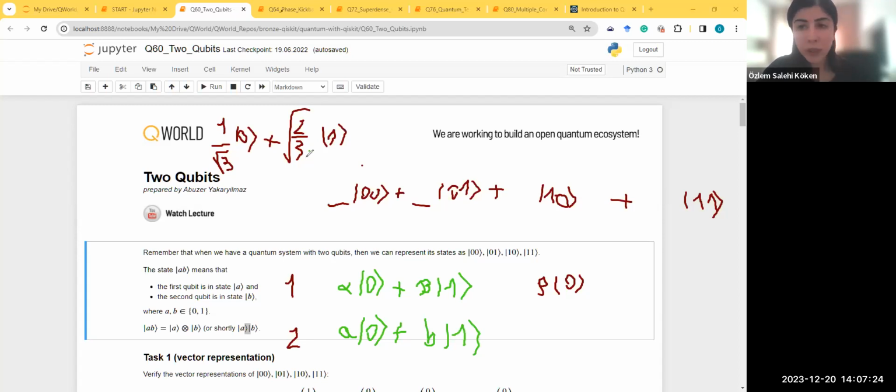By the way, there are some correct answers, but I want more people to understand what's going on. So imagine that this is my qubit state: 1 over square root 3, 0 plus square root 2 over 3, 1. What is the probability of observing 0 in this particular example here? What is the probability to get a 0?